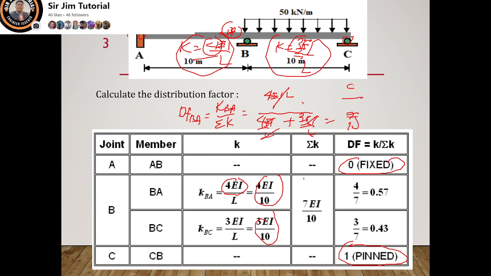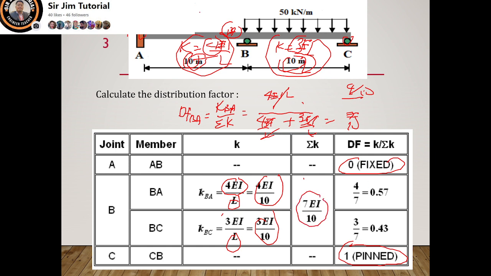Okay, this is 4 over L, which is 10. It happened that L here and L here are the same. Take note of that one. BA and BC is not always the same. It happened here that this is the same. So you have the summation of K is 7 over 10.